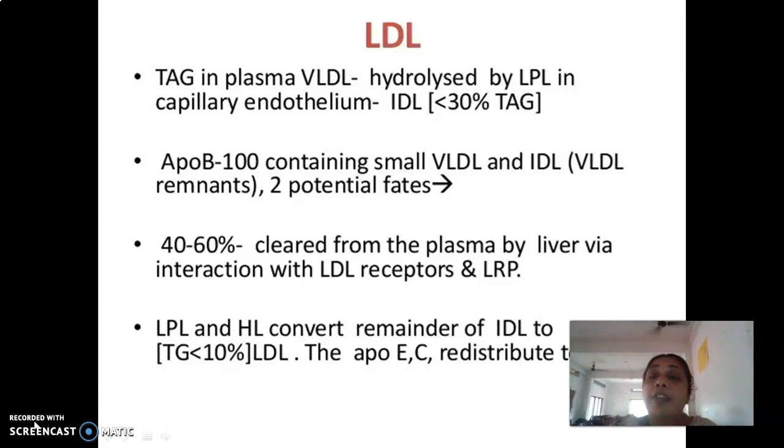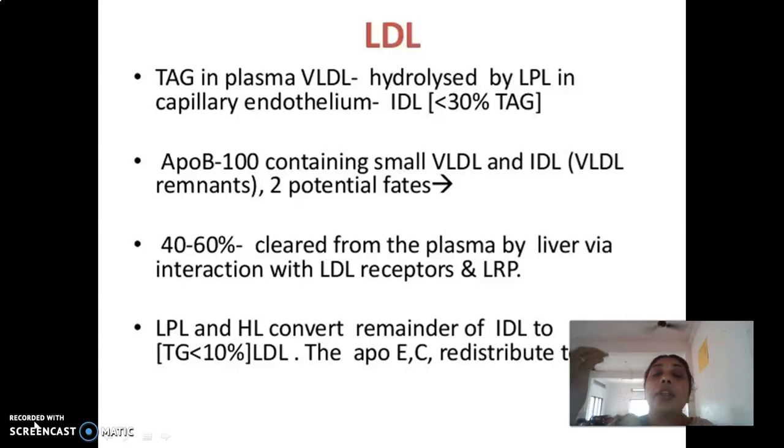And this IDL again goes on liberating the TG towards the skeletal muscles, adipose tissue or surrounding tissues, so that the TG content again goes on reducing, converting the IDL to the form of LDL, low density lipoprotein. So when VLDL is converted to IDL, the density increases with the reduction in the TG content.